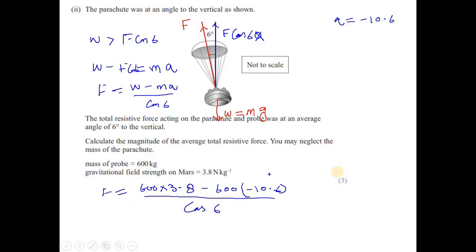And if you solve this equation, the resistive force F will be around 8759 Newton, and you can round it off to 8760 if you wish. Because we are giving 3 SF, we can say that this is 8760 Newton, or 8759, it's fine. This is the average resistive force.